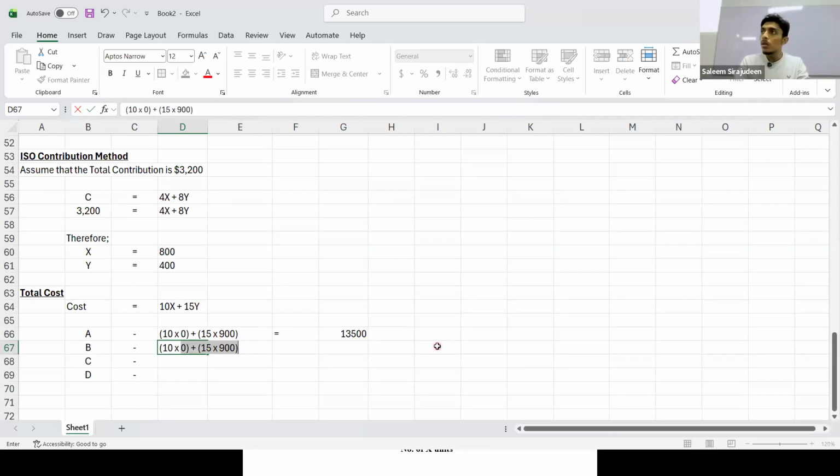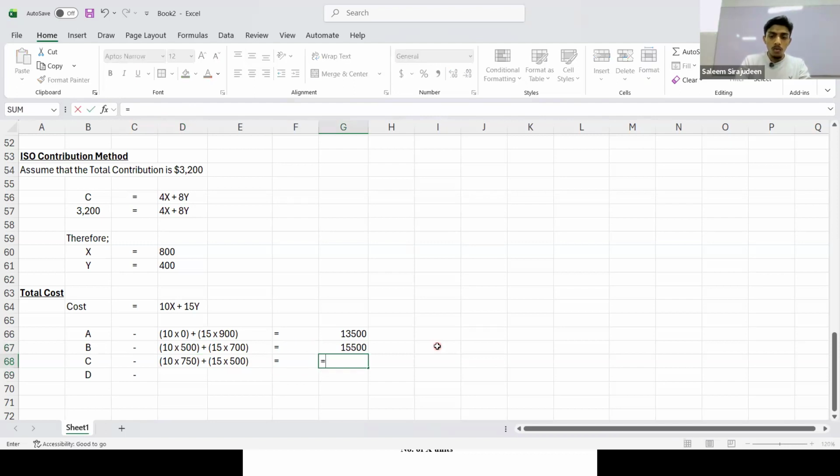Now point B. 10 into 500 plus 15 into 700. Then it will be equal 10 into 500 plus 15 into 700. How much? 15,500. At the point C, 10 into 750 plus 15 into 500.